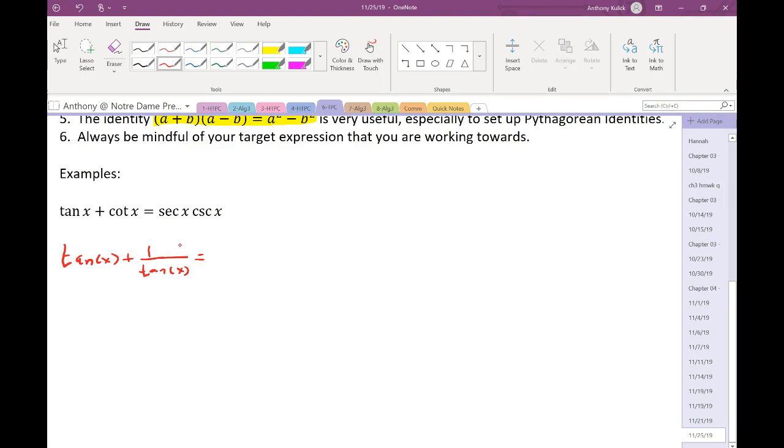Okay, what should we do now? Add them. Great. What do I need to do to add them? I need to make a common denominator. What would the common denominator here be? Tangent x, right? So the first guy, I need to multiply by tangent x over tangent x.